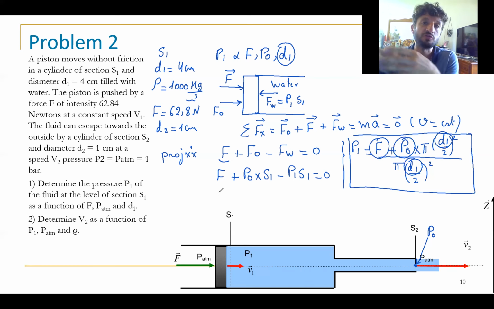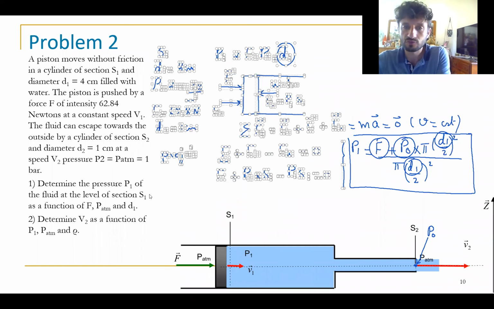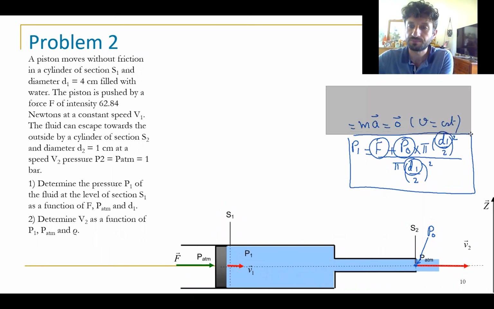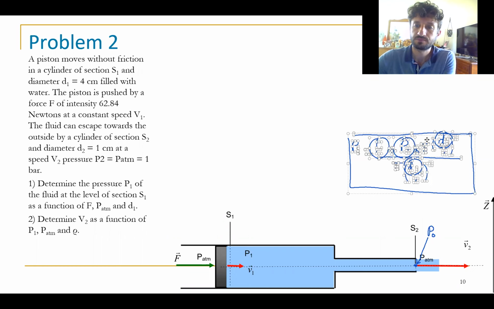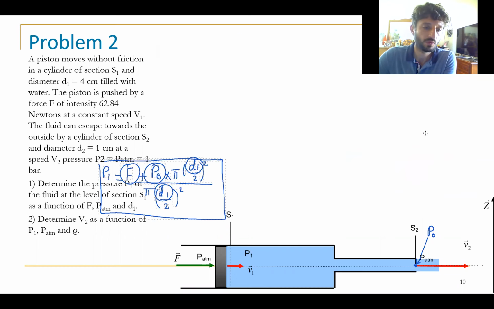So we use Newton's law to find P1 as a function of F, P0, and D1. Let's go to part 2.